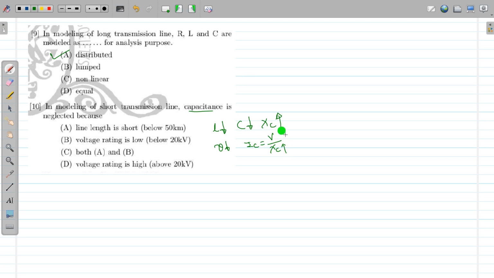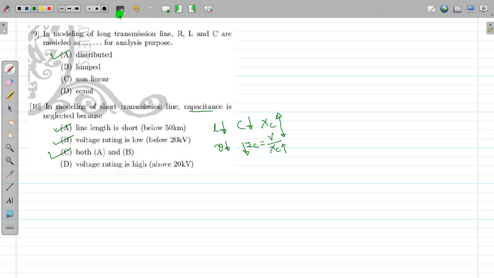As XC is high and voltage is low, your charging current is also low. Hence the capacitance effect is negligible in case of short transmission lines. Hence it is neglected due to the short length and short rating. So both A and B options are correct.